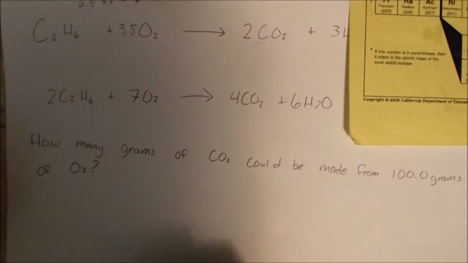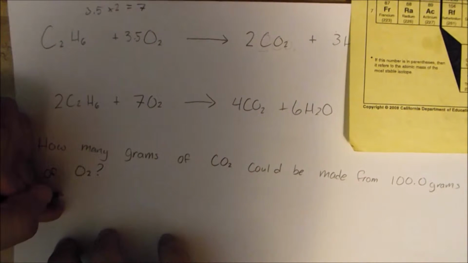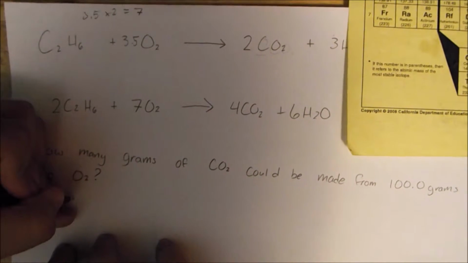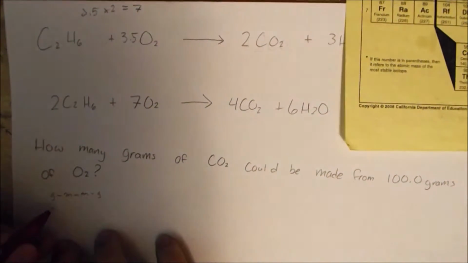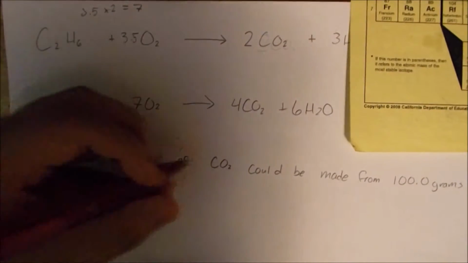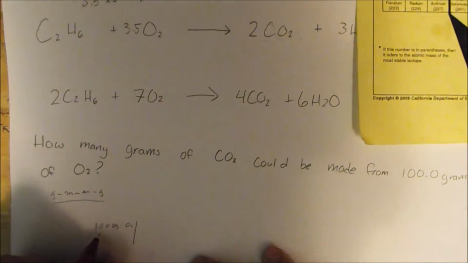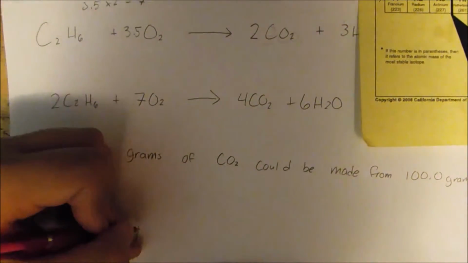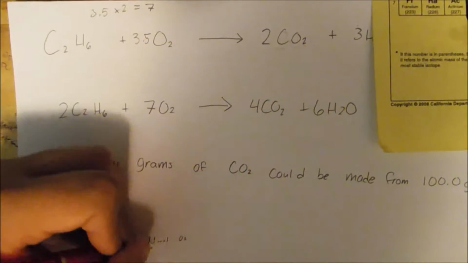Well, this problem is pretty simple. We're going from grams to moles, back to moles, and going to grams. This is the flow of our math right now. We start off with 100.0 grams of O2, and we'll convert that to moles by using the simple conversions, which is 1 mole of O2.